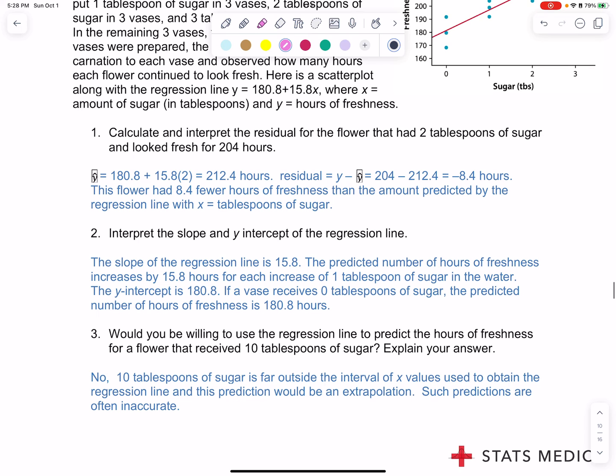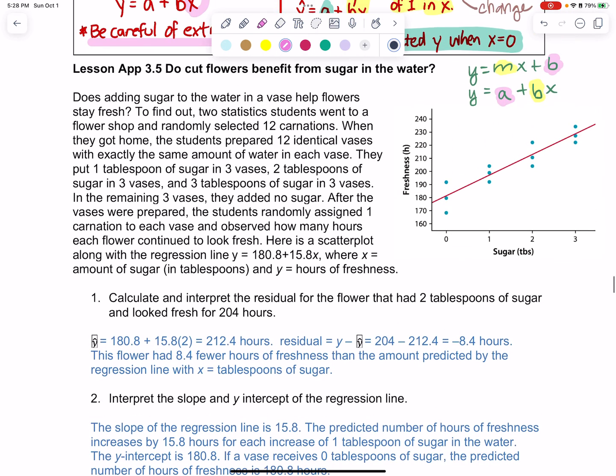Okay, so calculate and interpret the residual for the flour that had 2 tablespoons of sugar and looked fresh for 204 hours. So the first thing we're going to do is put a 2 into my equation so that we can get the predicted. The residual is my actual minus my predicted.